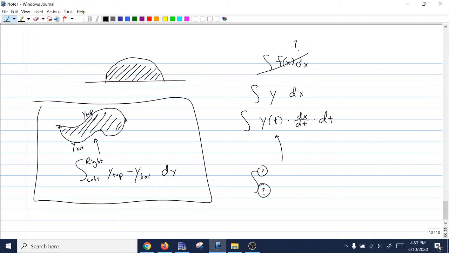One of the big mysteries is what do you do with the bounds of integration? And that's mostly a thing you need to figure out. If you want to go from a point to a point, you need to figure out what are the t values that correspond with that.